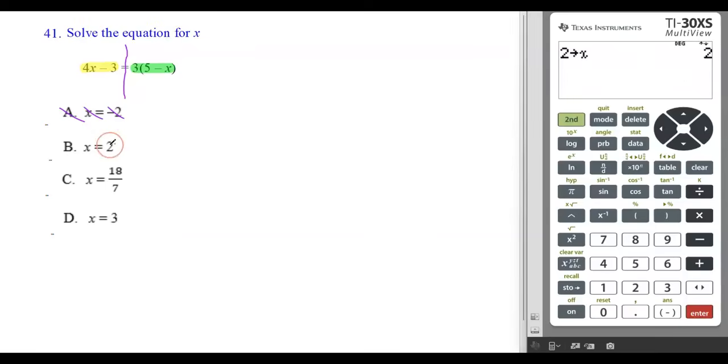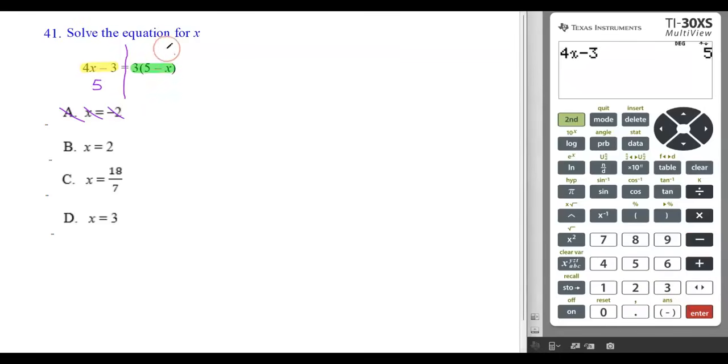Now 2 is stored for x, which matches up with the answer I'm using, answer choice B. Clear this. Now punch in the left-hand side, 4x minus 3. 4 from here, minus 3. Hit enter. I get out a 5.